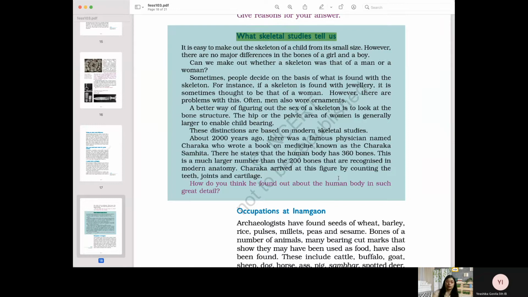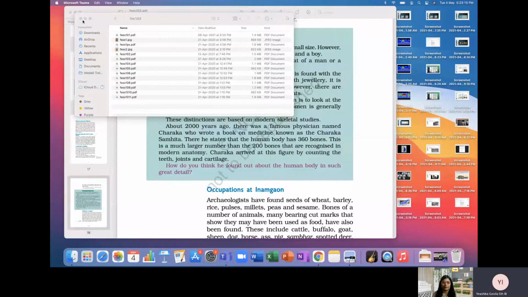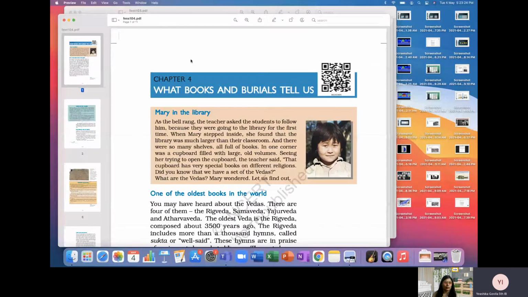Before that, Yashika, can you also show me the index page? Like this is one lone chapter, chapter 3. I'll show you all of the chapters. Yeah, there are 11 chapters. Chapter 4, what books and burials tell us.